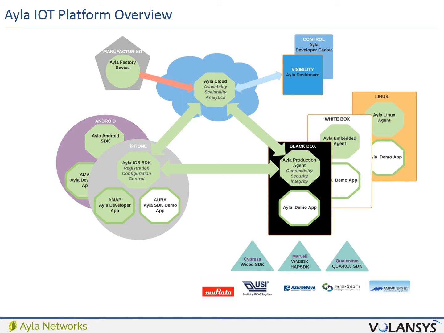There is also a factory service to provision IoT devices during the manufacturing process, and various UI utilities providing visibility and control for the cloud, and support for cloud-to-cloud communication. The diagram shows how the system components interact with each other over the communication links, which are secure, reliable, and designed to reduce the latency of cloud communication.